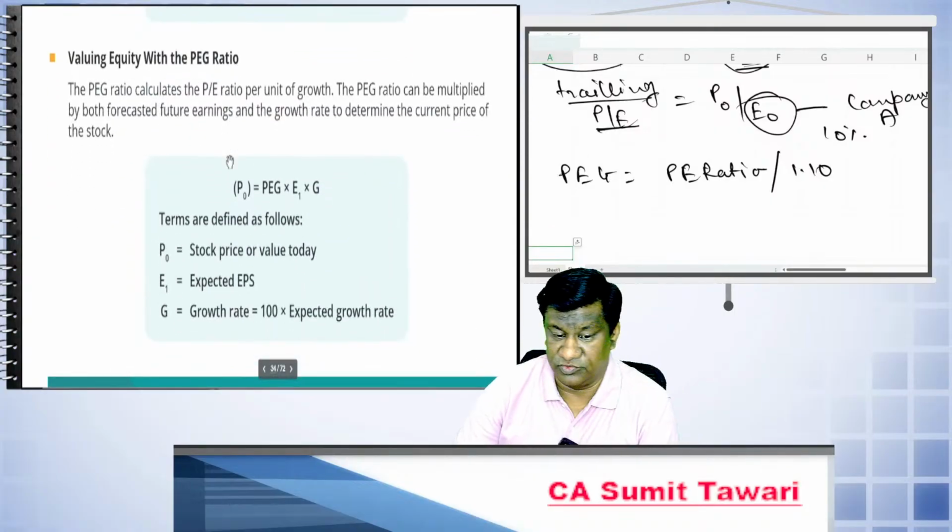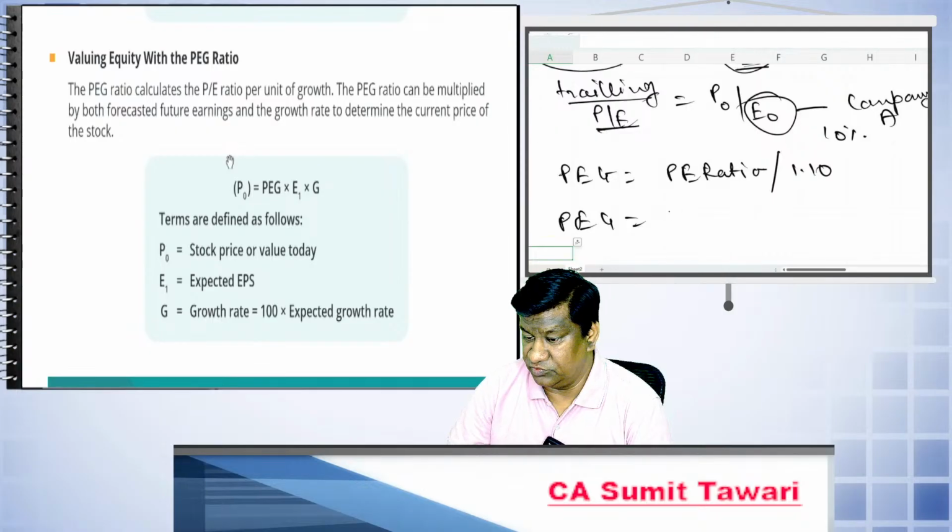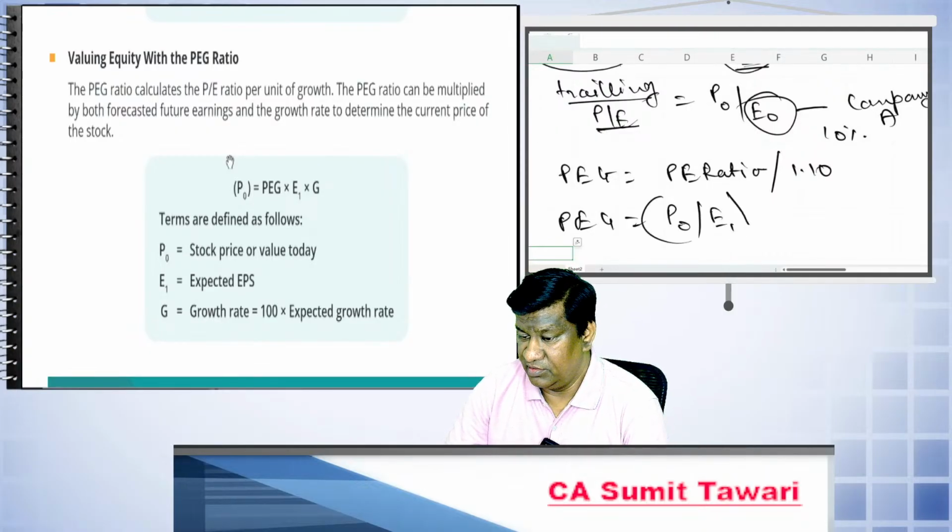So how are we going to calculate the price? If you break up this formula, PEG equals P0 divided by E1, divided by growth rate, multiplied by 100%.